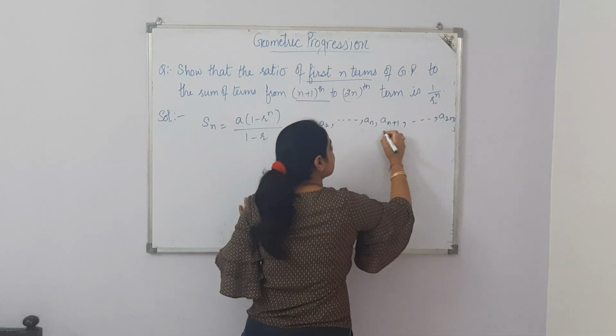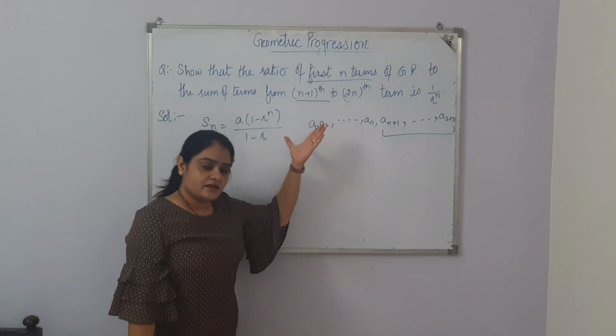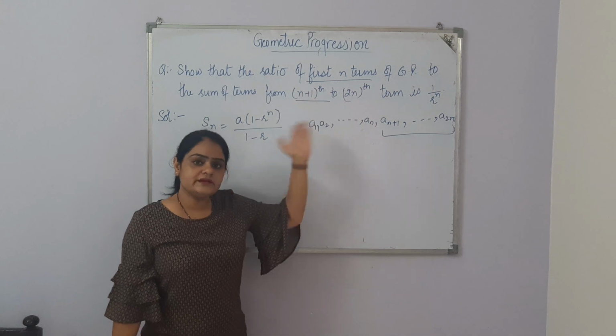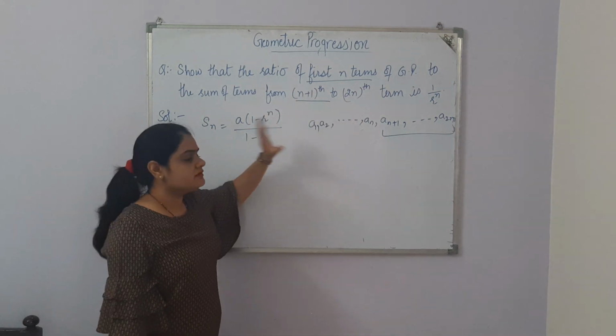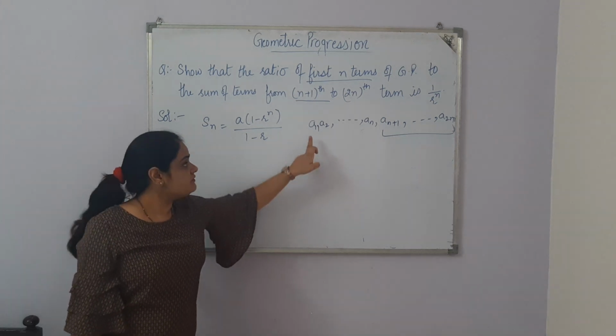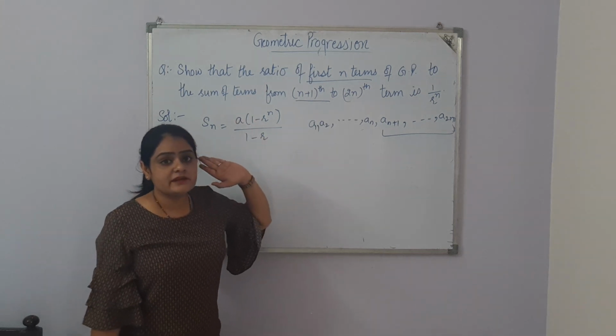We need the sum of n plus 1 to 2n terms. If we want the sum from the very first term up to 2n terms, 5 terms, 7 terms, or n plus 1 terms, we can apply the formula whenever the first term is included. If the first term is not included in the sum, we cannot apply the formula directly.